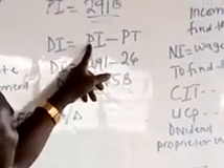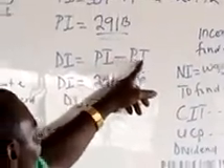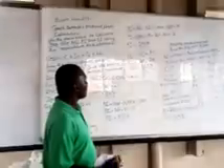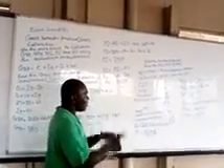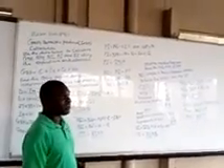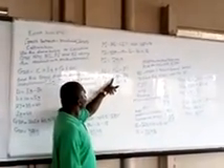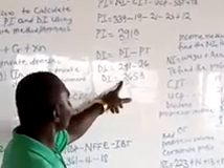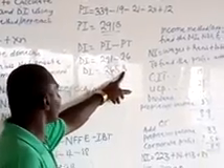Personal income, PI, minus the personal tax. As a working man, working with government, all the time they have to deduct taxes from your income. And the one you are left with is your take-home pay. So 291 minus 26, DI gave us 265 billion.